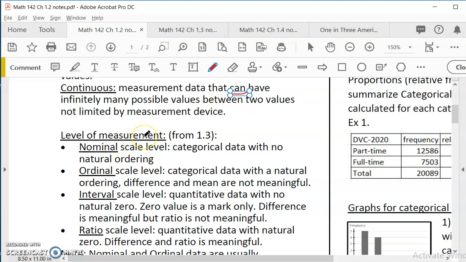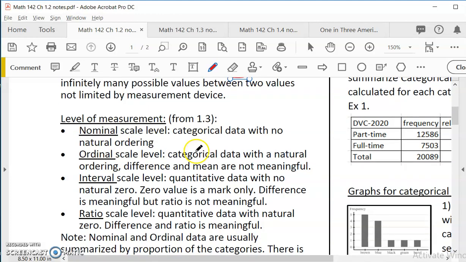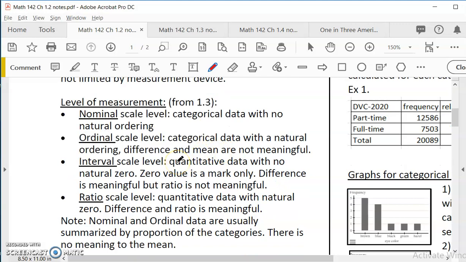Level of measurement. The third way of classifying data is classifying by the level. Now, level of measurement was introduced by psychology people when they measure something in a scale.